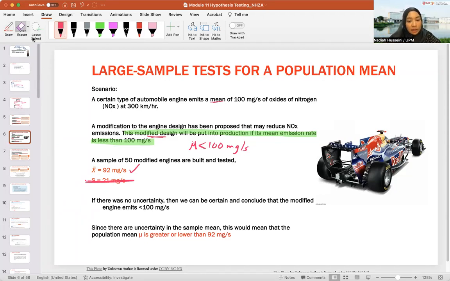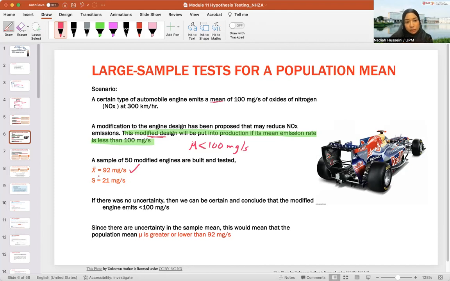Whenever I have a standard deviation for my data or for my statistics, I know that this is not 100%. I cannot be confident that this represents the population mean. So I have to find out if this is true or not.